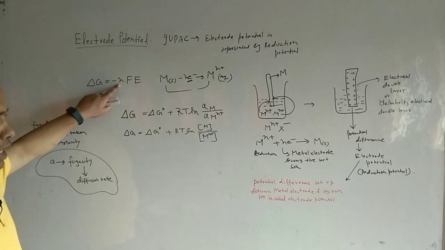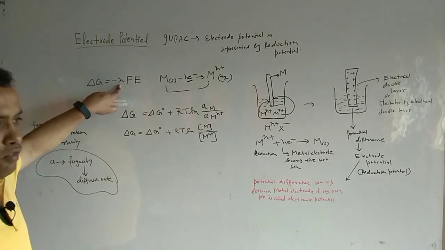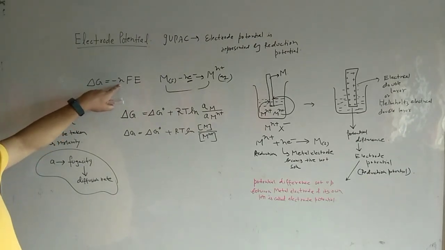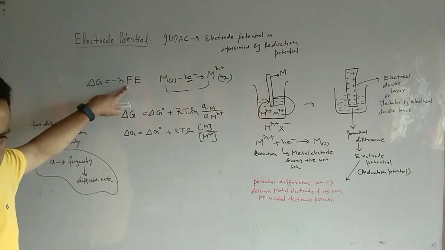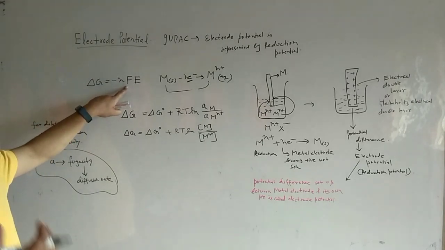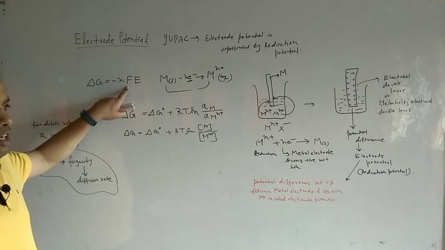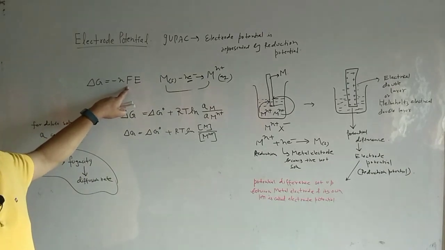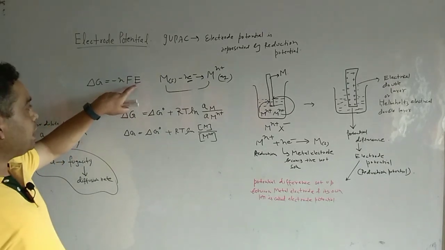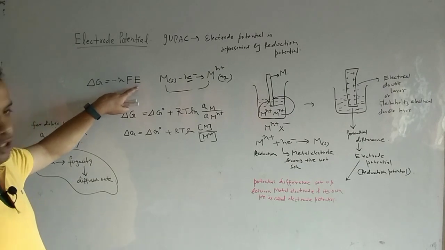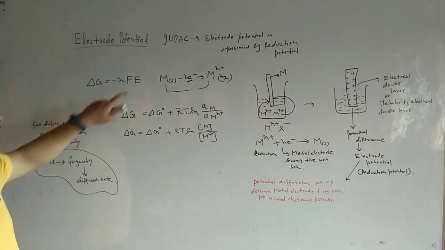This is free energy. n is the number of moles of electrons involved in the redox reaction, and F is Faraday's constant. For calculation purposes, we will take F as 96500, and E is the electrode potential, right? Negative nFE.